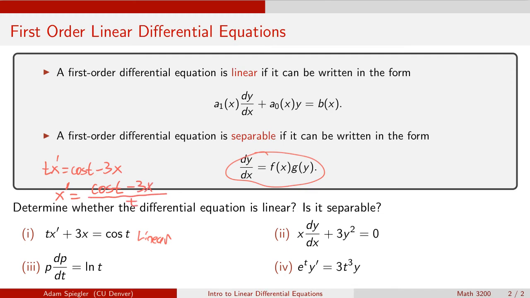Okay, but the problem is the right side can't be written as something that only depends on t's and something that only depends on x's. I've got this difference in the top, so I can't write this as a product of two expressions, one only depends on x and one only depends on t. So this is linear, but it is not separable.